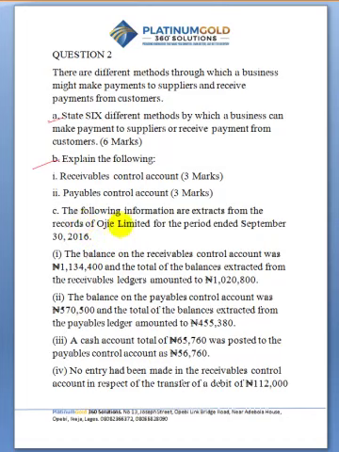The following information was extracted from the records of OJ Limited for the period ended September 30th, 2016. 1. The balance on the receivable control account was 1,134,400, and the total of the balances extracted from the receivable ledger accounts was 1,020,800.